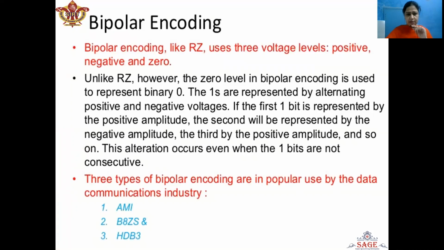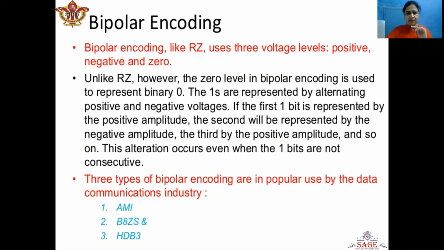Now, bipolar encoding method, like return to zero encoding method, it uses three voltage levels: positive, negative, and zero. Unlike return to zero method, here the zero level in bipolar encoding is used to represent binary zero. The binary ones are represented by alternating positive and negative voltages.